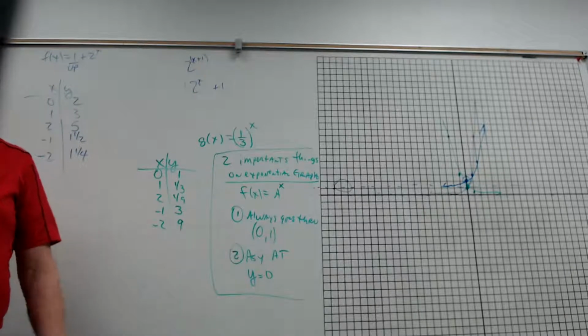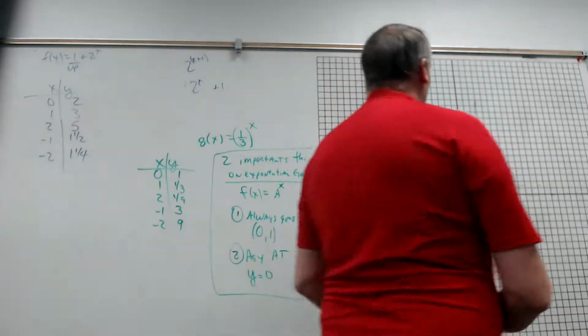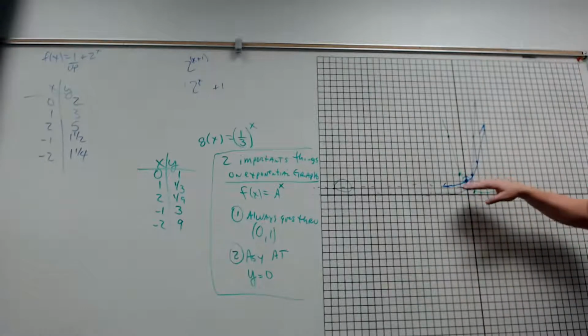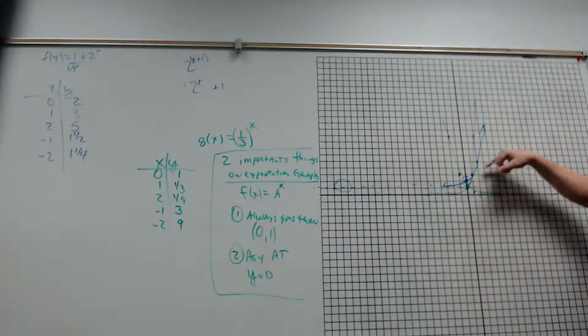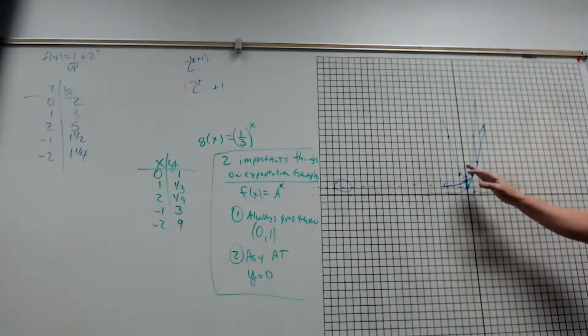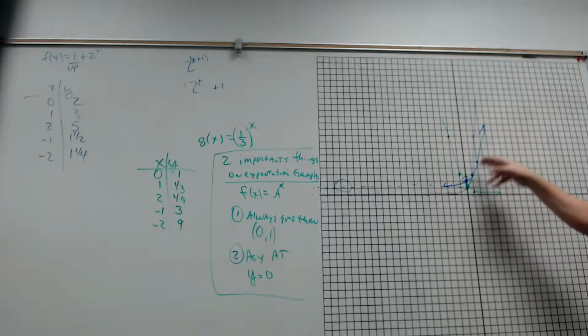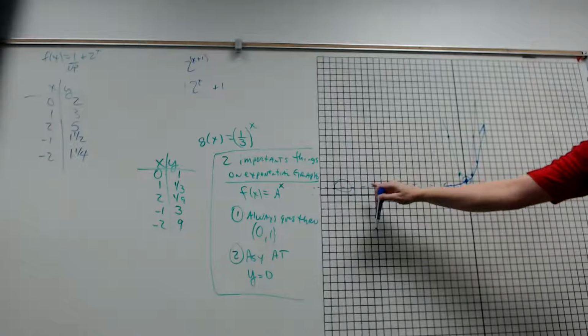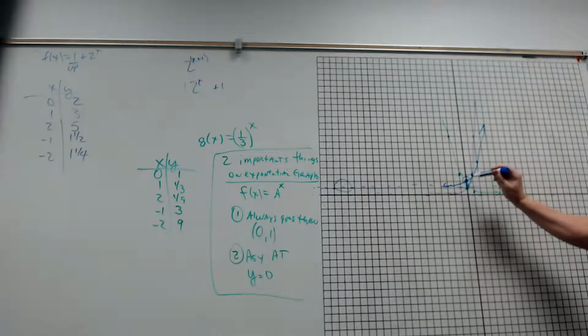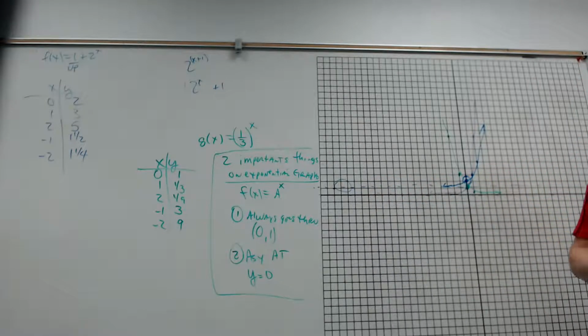Those are the two main things, because you can see as my base gets closer to 1, it's going to get wider, and as my base gets closer to 10, it's going to go up sharply. So I'm not really worried too much about the steepness of the slope. I'm looking to make sure you get your asymptote in the right place, and I'm making sure you've got that point in the right place.